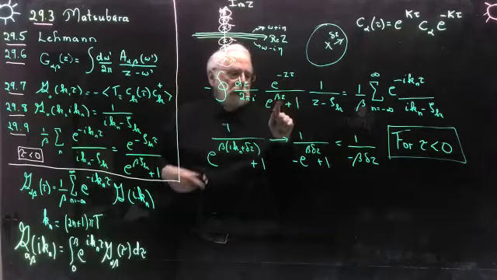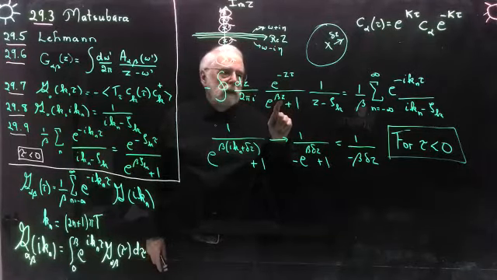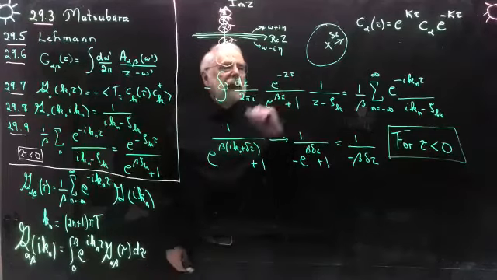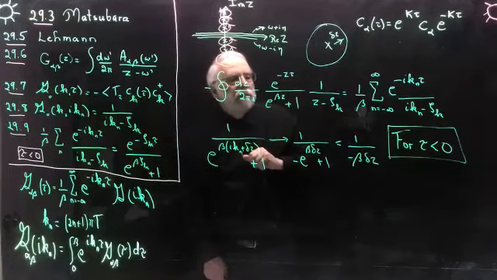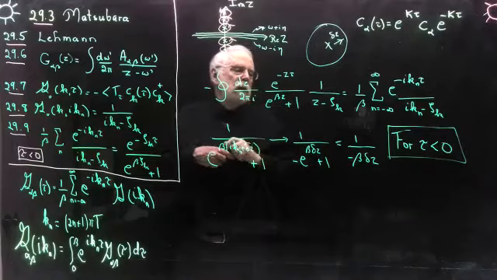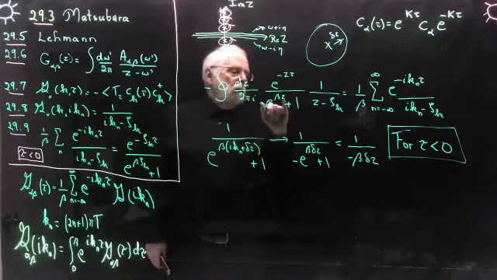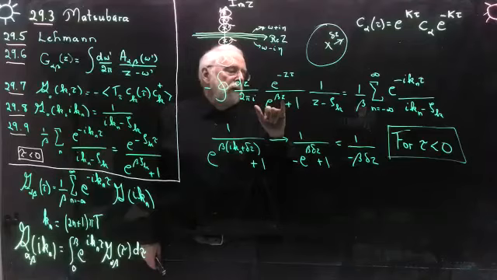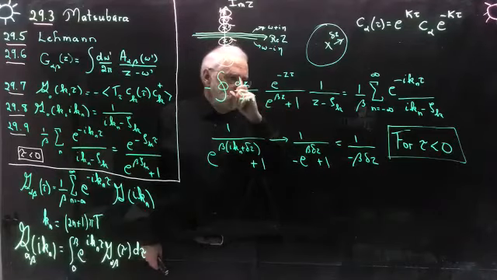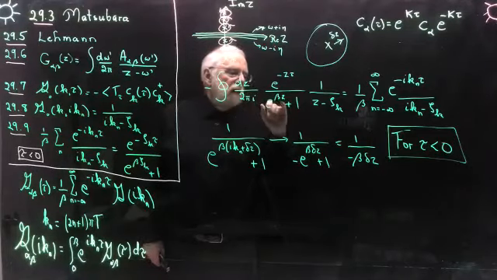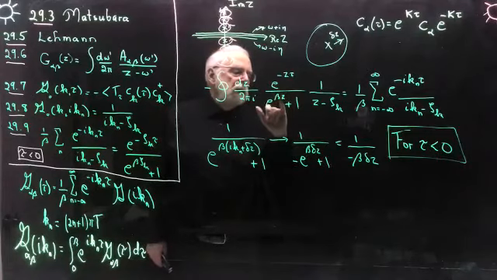Okay, so this converges when. What do you mean converge if the real value of z goes to infinity? Yeah, so this goes to infinity. No, because of this factor here. Yeah, but in the numerator. Yeah, but tau is always less than beta.